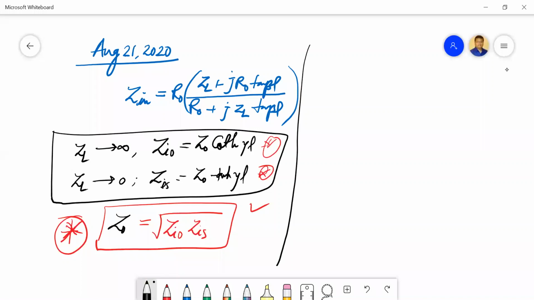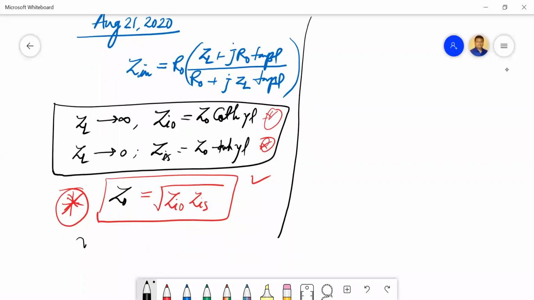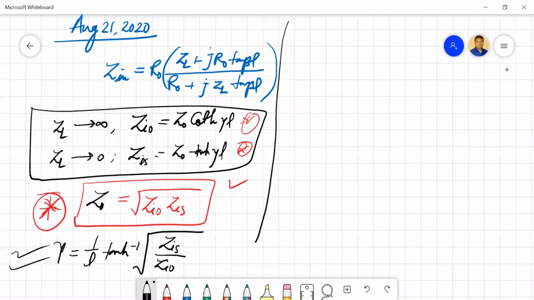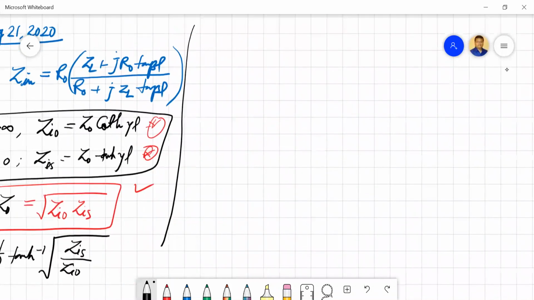From here you can also fix your gamma, the propagation constant: γ = (1/L) tanh⁻¹ √(Z_is / Z_io). So these are some relations that you will see are very useful.